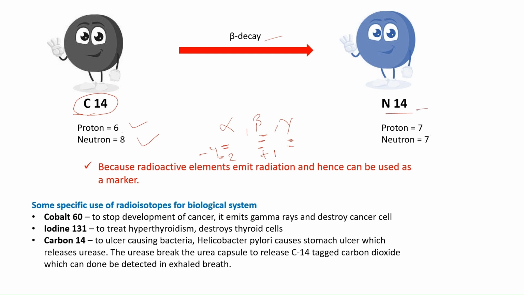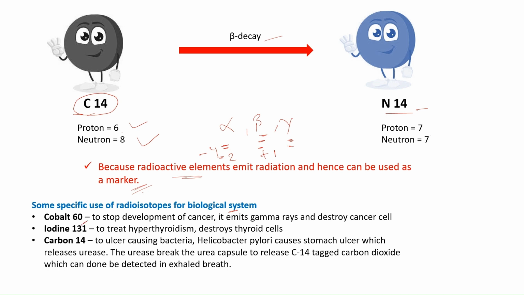Now, these radioactive elements, because they emit radiations, are very helpful in biological systems because they work as a marker. Because they emit radiation, they can easily show presence. So it works as a marker, correct? Here are a few examples of radioisotopes used in biological systems, like cobalt-60.